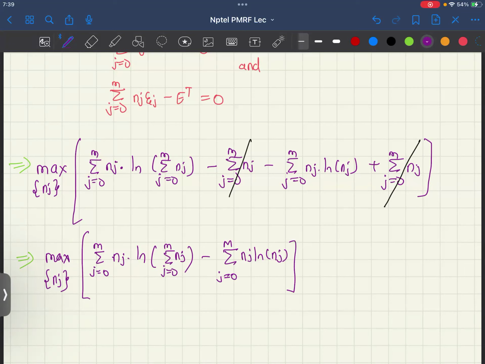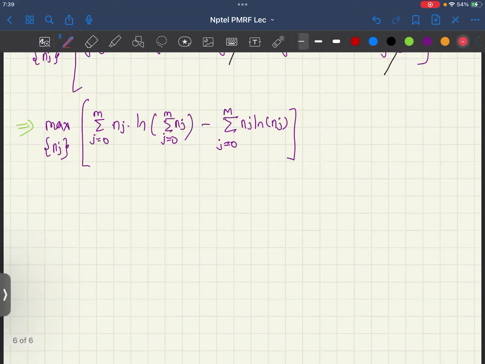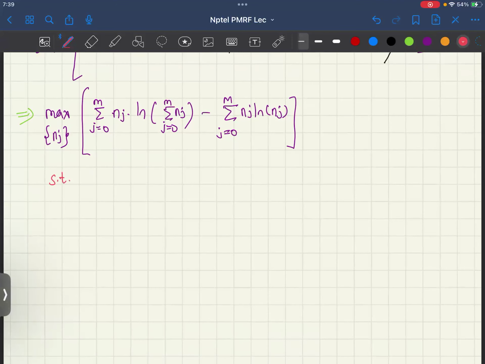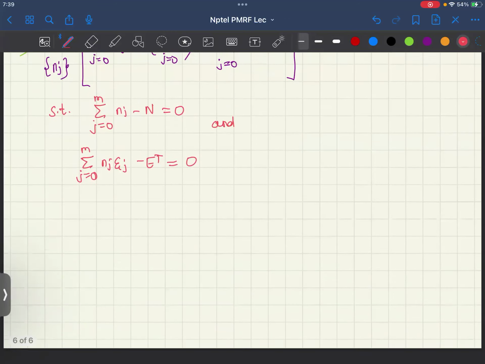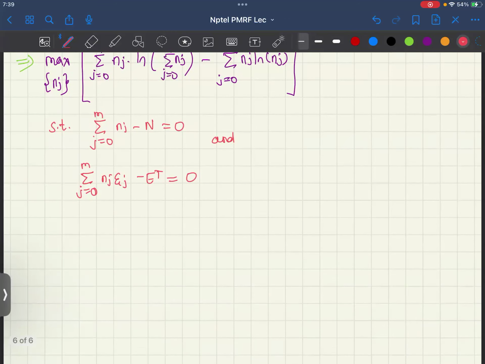And what are the constraints? These are the constraints. Summation j equals 0 to m of nj minus n is equal to 0 and the energy constraint minus et is equal to 0, right?